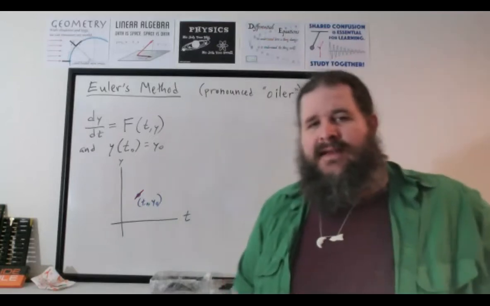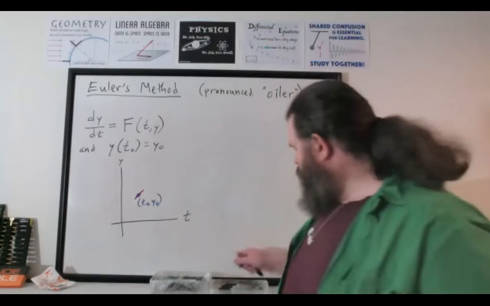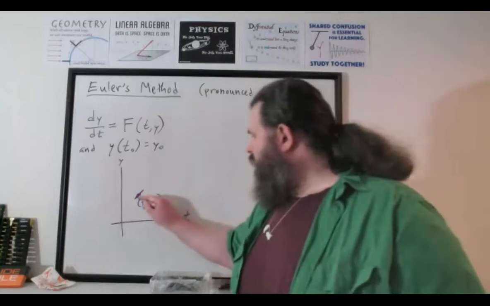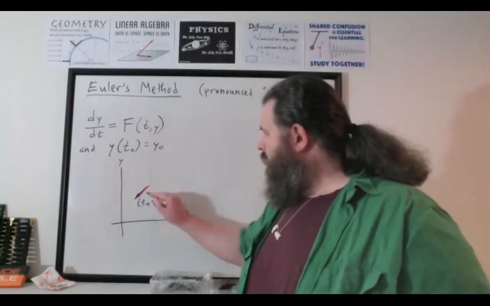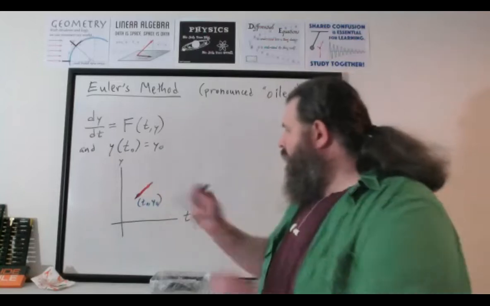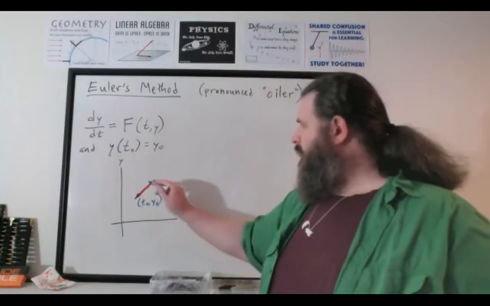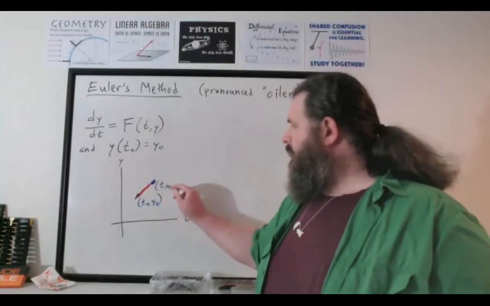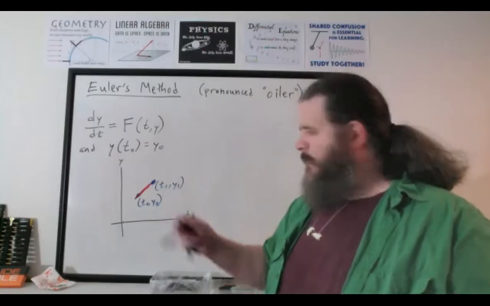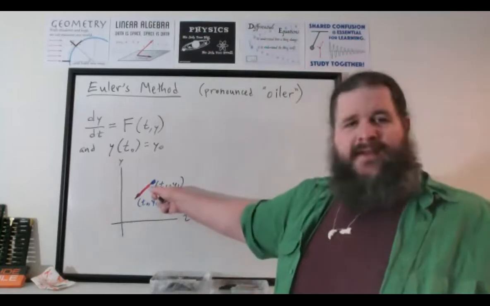If we imagine that the solution curve is almost linear, we can say, suppose this goes in a straight line for a little distance to some new location. Let's call that location t1, y1. That's now another point, t, y coordinates.